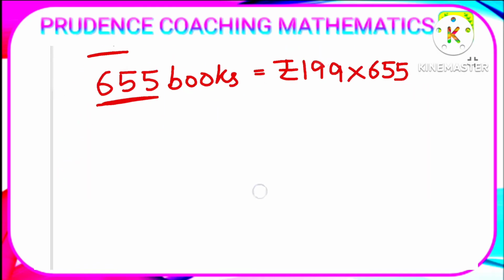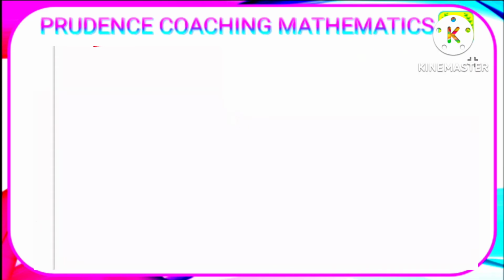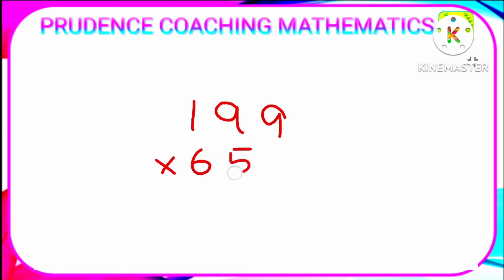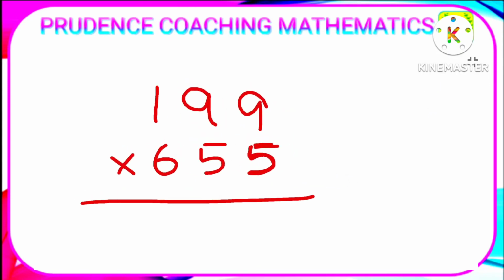So let us multiply 199 multiplied by 655. So first with this 5 we need to multiply the numbers. So 9 5s are 45, 4 will be carry 5. Again 9 5s are 45, 45 plus 4 is 49.